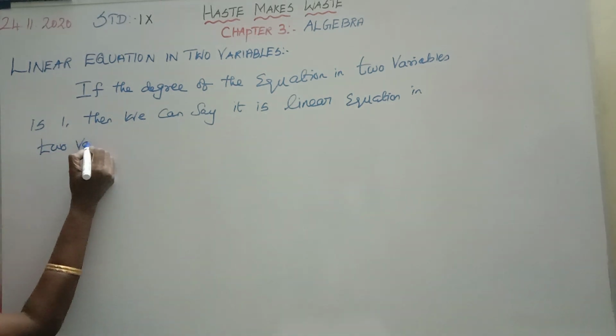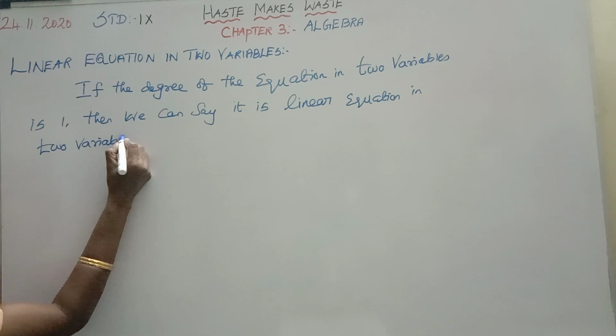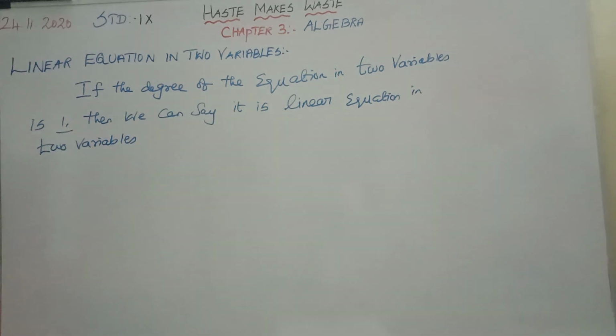Just we have to remember the variables have a degree of 1. Degree means order, power, everything will be 1. That is, the highest power will be 1.